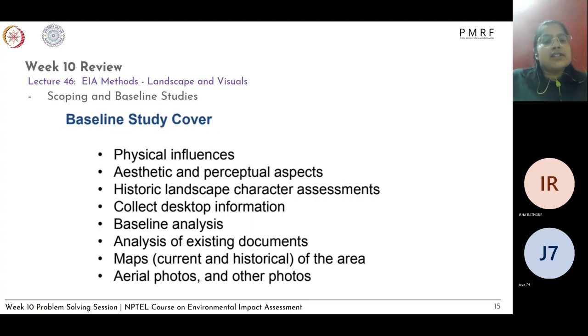And the baseline study covers things like the physical influences, aesthetic and perceptual aspects, historic landscape character assessments, desktop or desk-based studies, and then baseline analysis, analyzing existing documents available relating to the landscape of the site, maps of current and historical development of the area, aerial photographs, and other photos. So these are all things which we include for doing a baseline study.